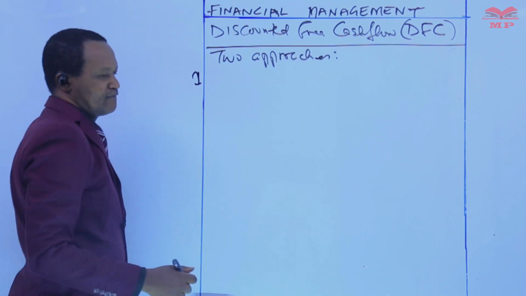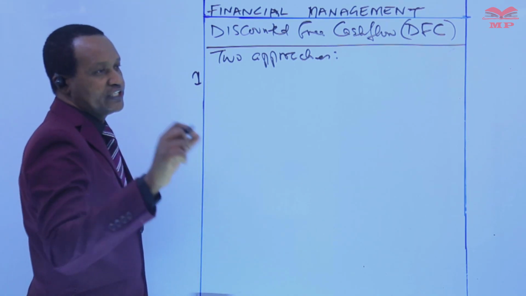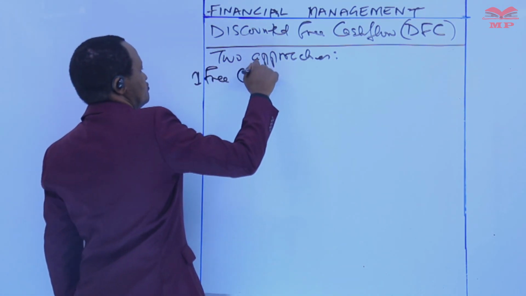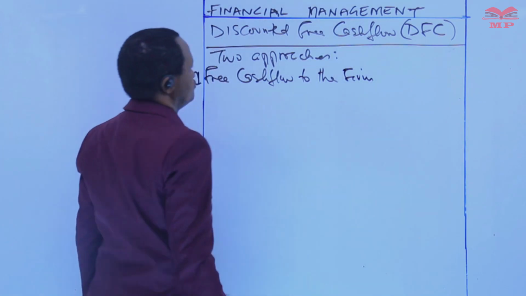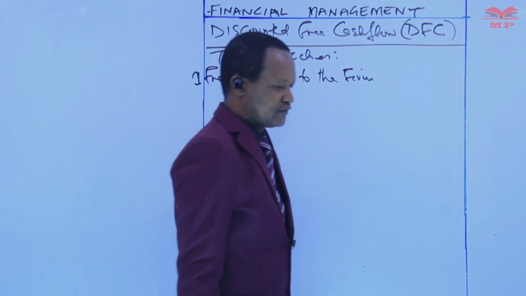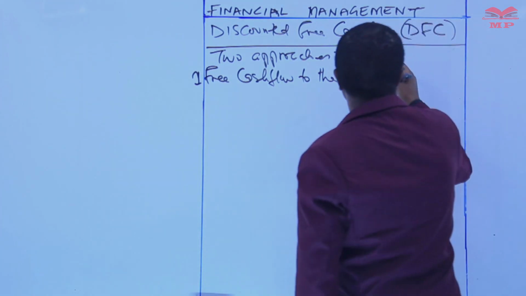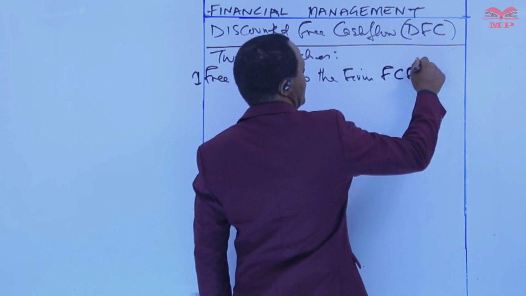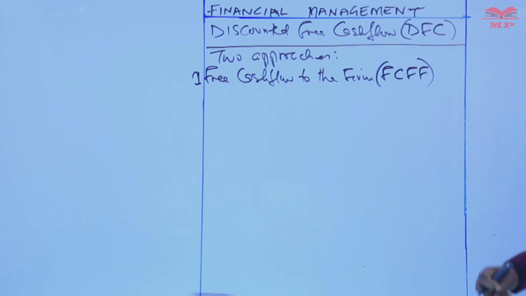The first one is free cash flow to the firm.